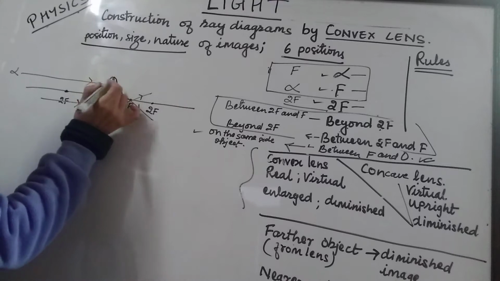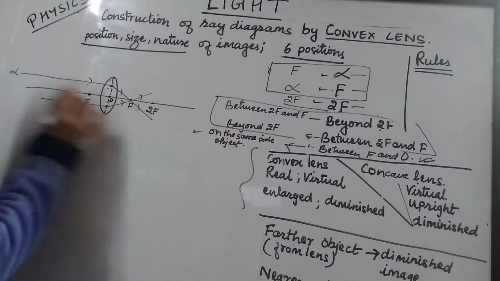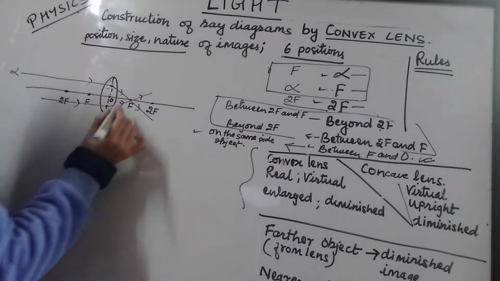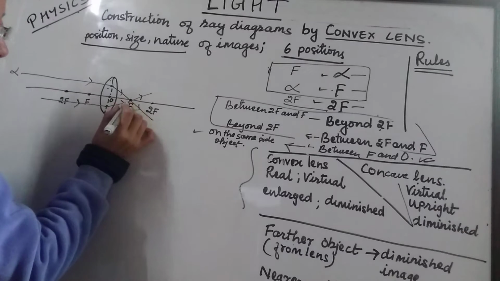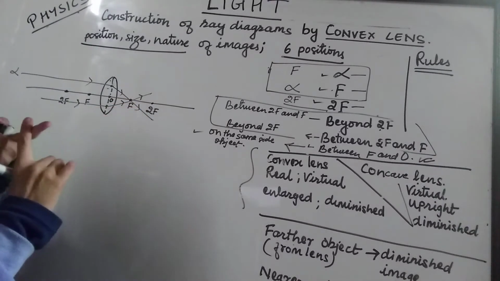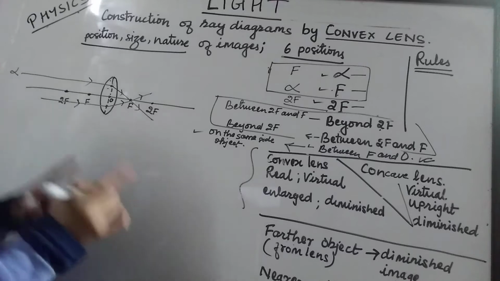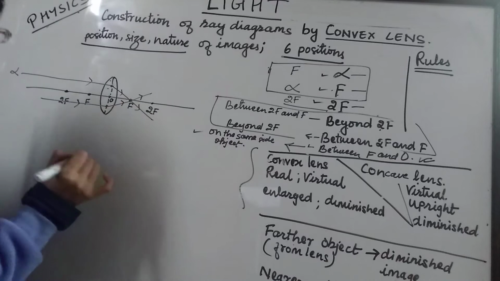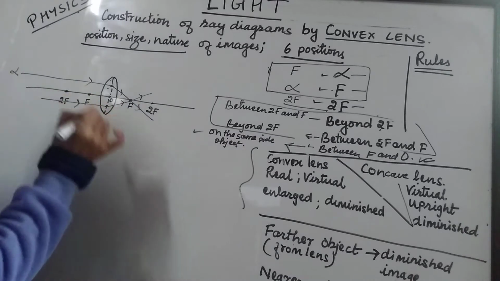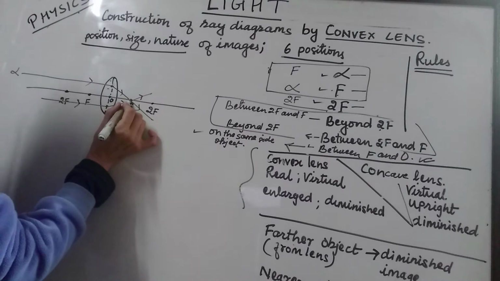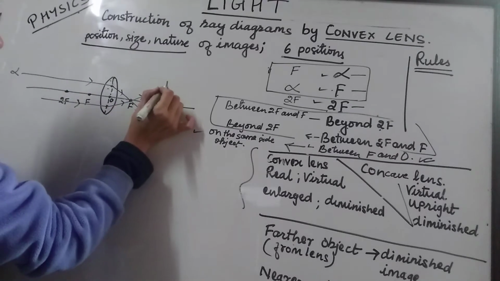So now the light rays are coming from infinity distance because the object is at infinity, and the light rays are crossing at the focus, meaning the image is forming at this point. The point where 2 lines cross each other, at that point the image will be formed. You know this one, no? So the image will be formed at F, and the nature of the image will be real, and if it is real it means inverted.